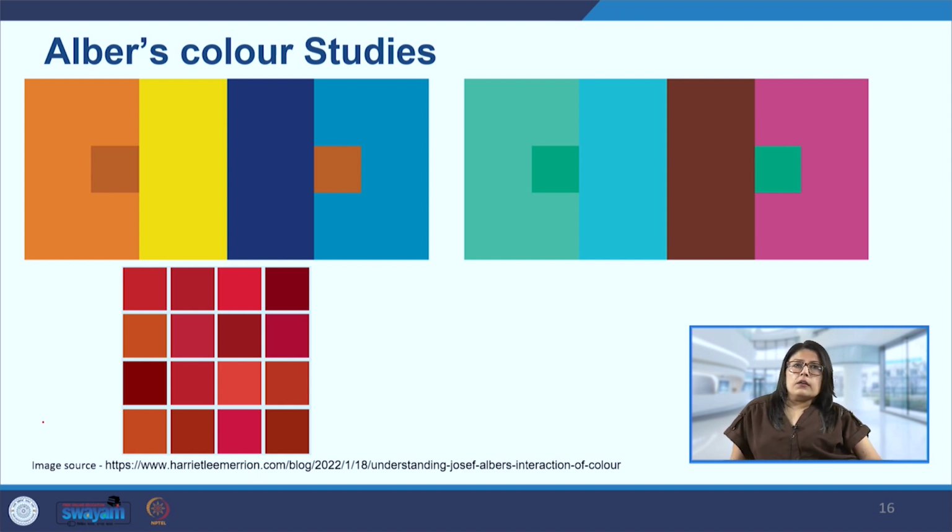We can see here that on the left there is an orange band, yellow band, blue, and then a light blue. And on either side, we have a small square which is orange in color. What is interesting here is that both these small orange squares are exactly the same color.